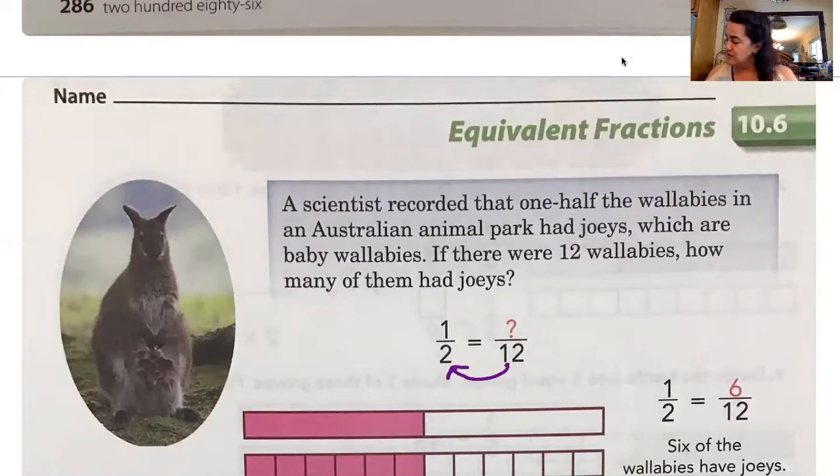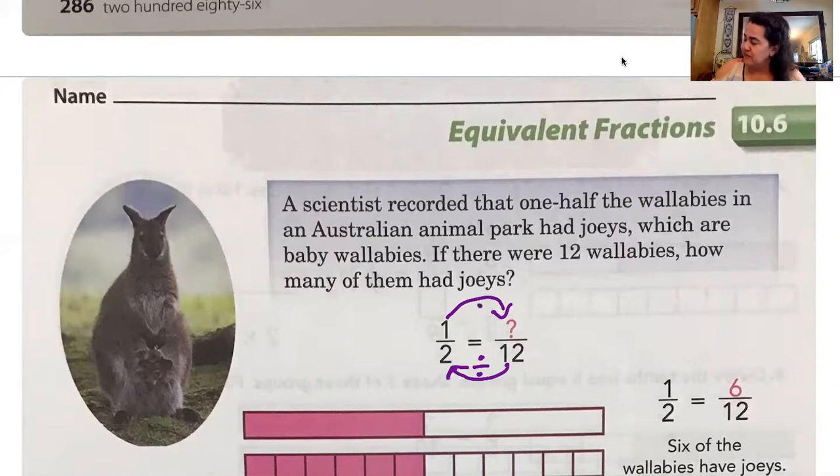Well, this is called a backwards C, and you'll learn more about that as we move on in math. But backwards C means we're going to divide this way, and we're going to come up over the top, and we're going to multiply whatever we find in the bottom here to get our answer, so we can find out what the equivalent fraction is.